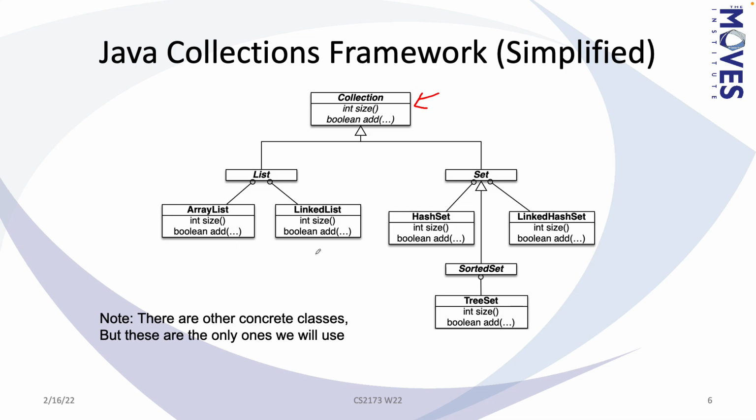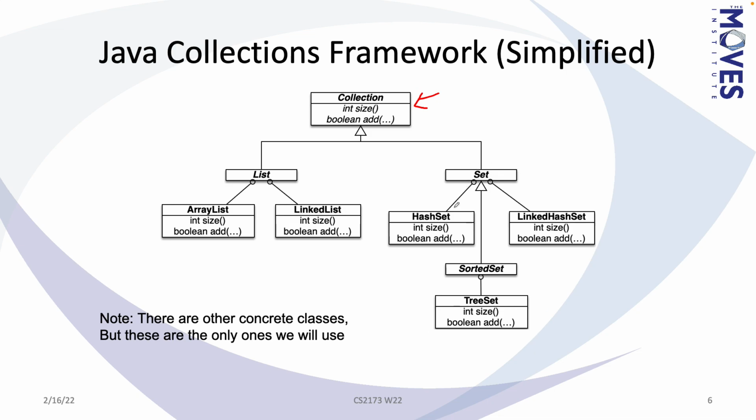And so what this sort of Java-esque UML diagram indicates is that in the Collection interface, these are abstract methods. In ArrayList and LinkedList, these are implemented as concrete methods, so that ArrayList and LinkedList can be instantiated, whereas List can be defined as a variable type, but not instantiated.